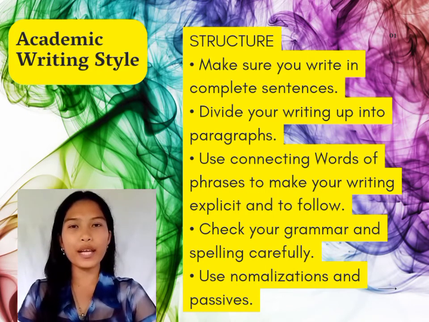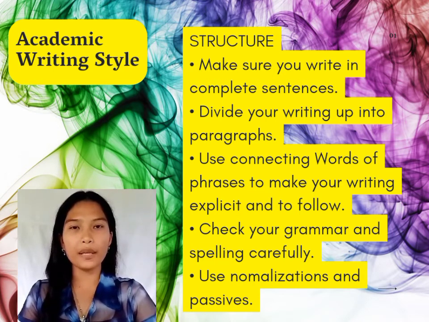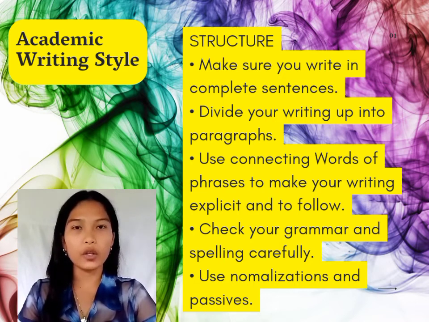The third one is structure. Make sure you write in complete sentences. It means always have a subject and a predicate in your sentence to make it complete. Next, divide your writing up into paragraphs. Paragraphs depend on what kind of paper you are going to produce, whether it is bad or good.